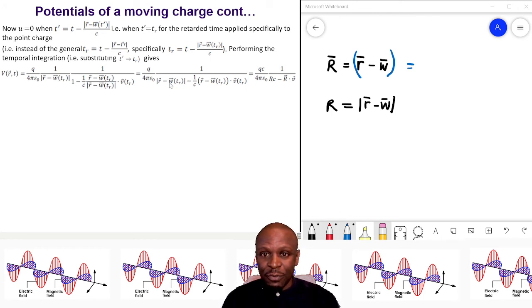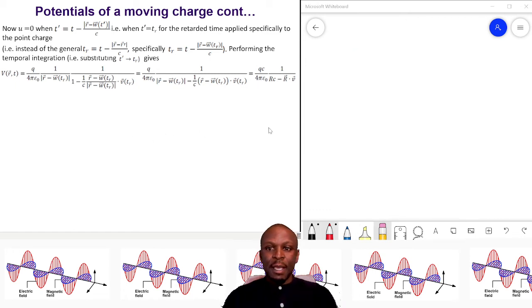If you solve this, you will see that there will be a c here, and whenever I see this, that c will go up. Therefore, we'll just go for this other term. Here, whenever I see this, I'm just going to write r vector. That's what I want you to see.